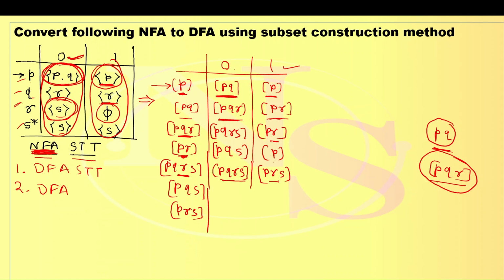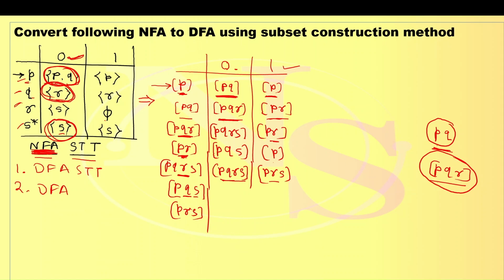So PQRS is completed. Now PQS. Repeat the same process. How to design for PQS? You can follow the same process. Here PQS is the one state on reading 0. So P on reading 0 gives PQ, next is Q, R, next is S, yes. So I am concentrating on P for the 0th column, Q for the 0th column, S for the 0th column.